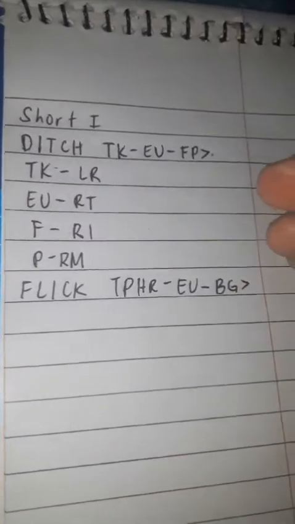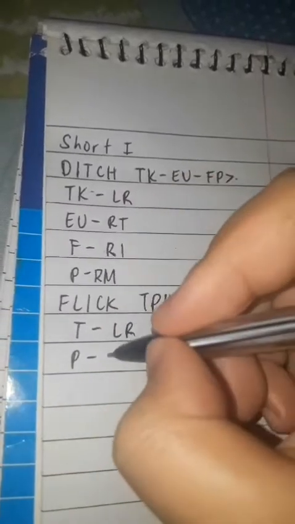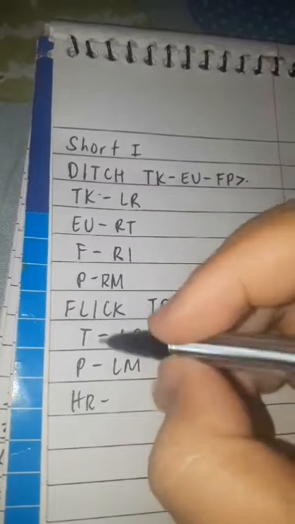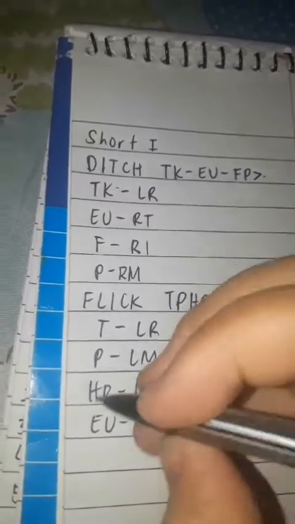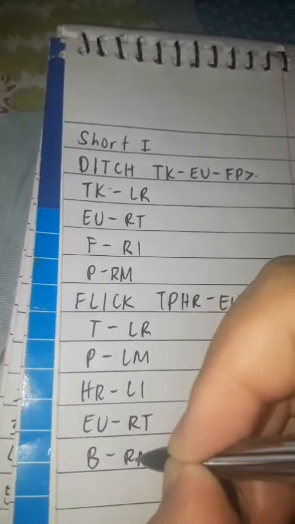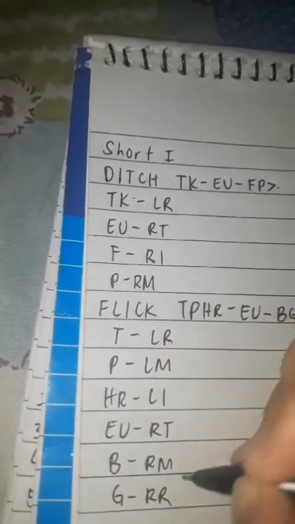So the assigned fingers for T, we have left ring. P, we have left middle. HR, left index. EU, we have right thumb. B for right middle. And G, we have right ring.